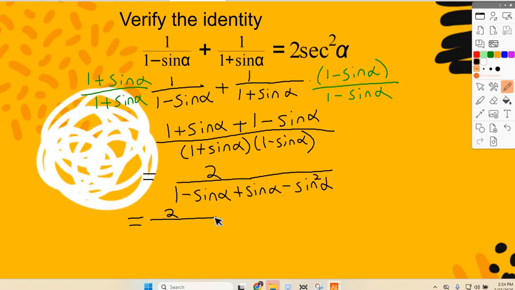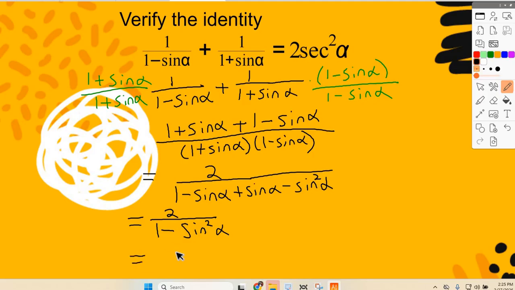Which doesn't look much simpler yet, but let's trust the process. So what happens to our negative and our positive sign? They add to 0, okay. And then now notice I'm left with a 1 minus sine squared. What does that look like? Yeah, so what does 1 minus sine squared equal?